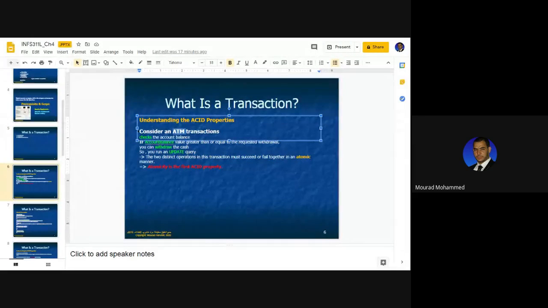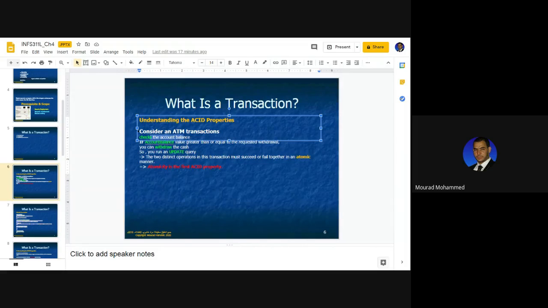The system has to pass through systematic steps to finalize this transaction. The person has to identify himself to the machine.